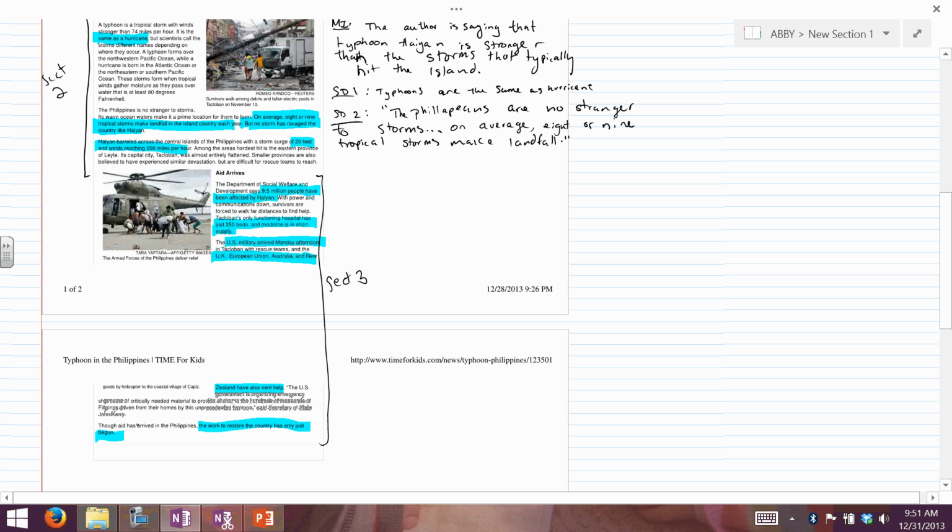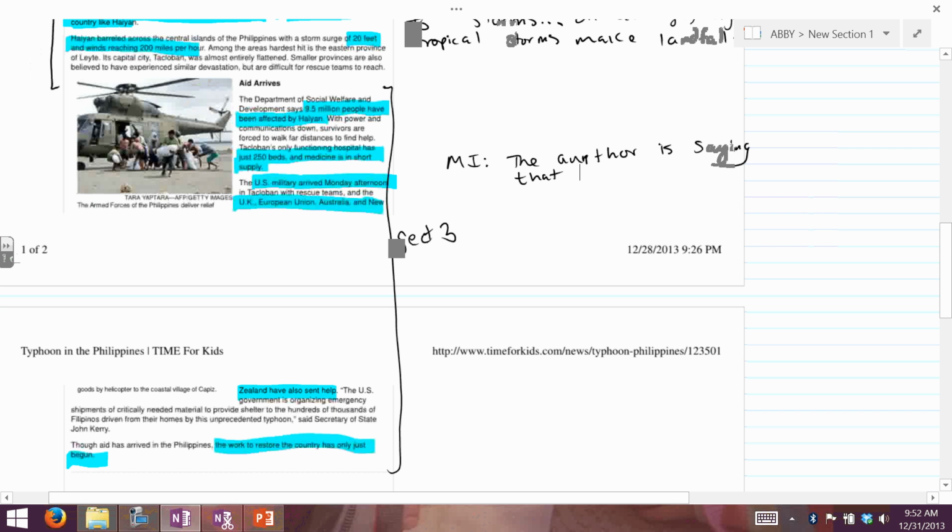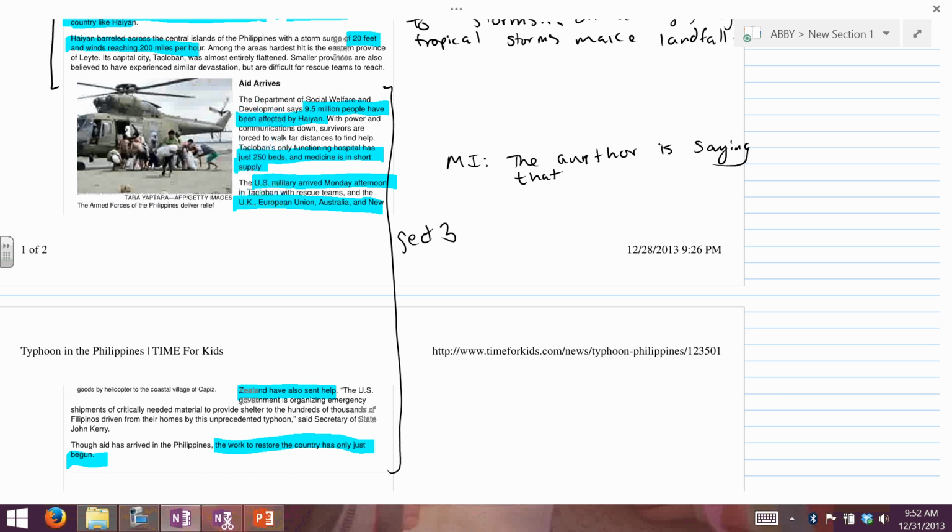So if I had to summarize what the author is trying to say in this section, and remember, we always start with the main idea, the author is saying that, if I had to say what I thought they were trying to say, I think they're talking about the fact that there's a lot of people who need help, and that the United States and other countries are starting to step up.